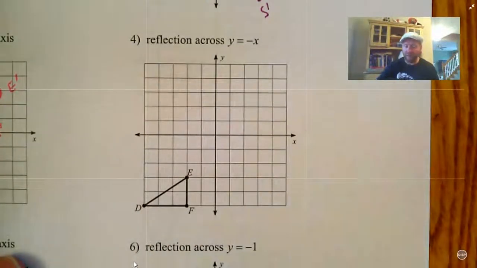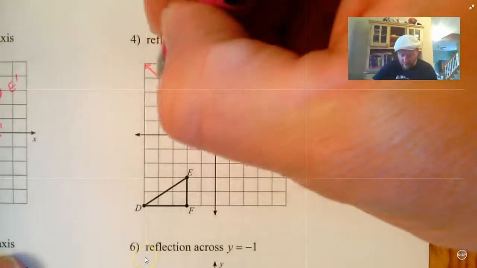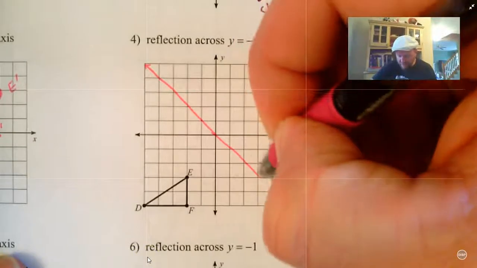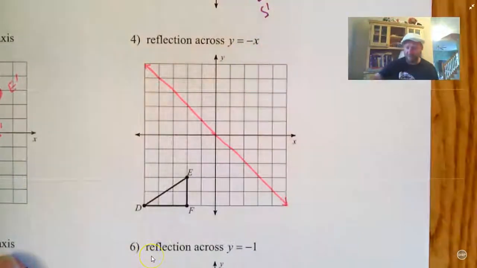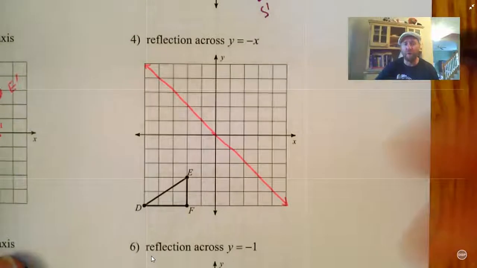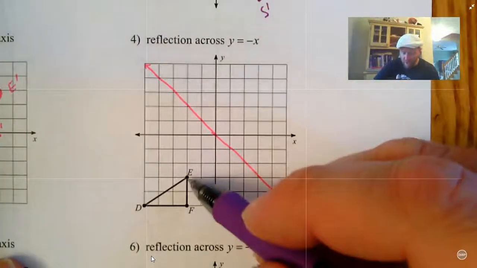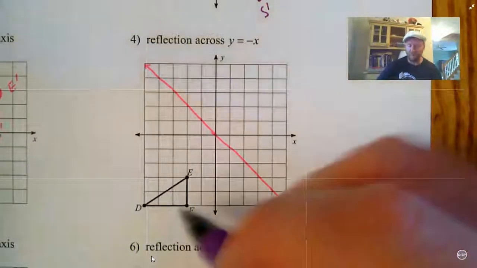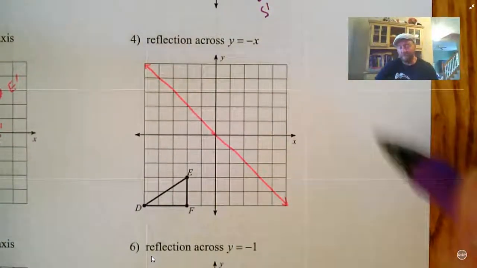Line y equals -x. I'll sketch that line in. It's a line that passes through the origin, slanting down at a 45-degree angle. There we go. Again, we're going to reflect each point individually. E is 1, 2, and a half diagonals, and we'll call them diagonals away. We're cutting across the middle of the square this time.